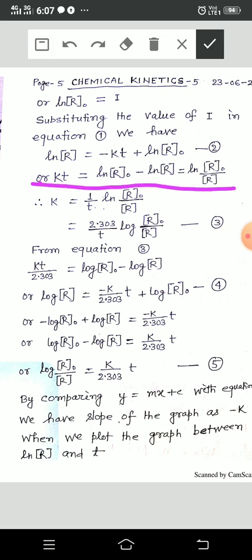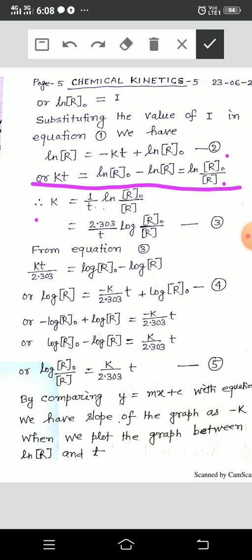This implies that kt is equal to ln R naught minus ln R, which is ln of initial concentration by final concentration.